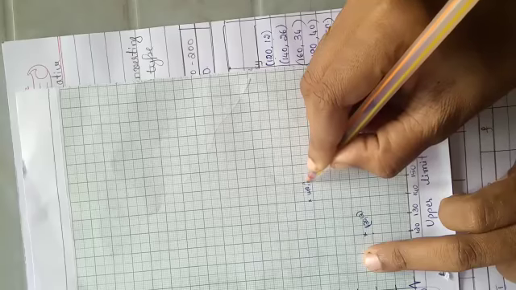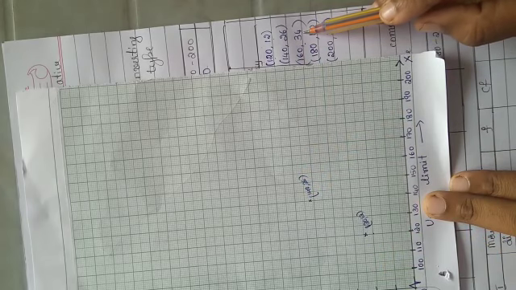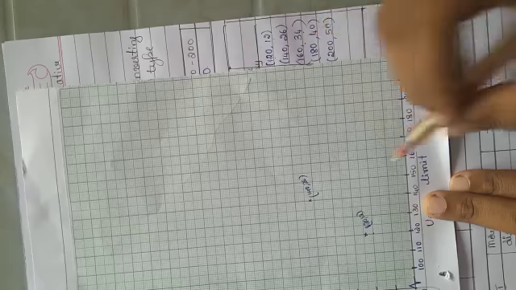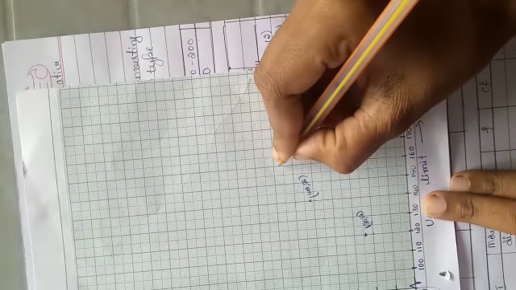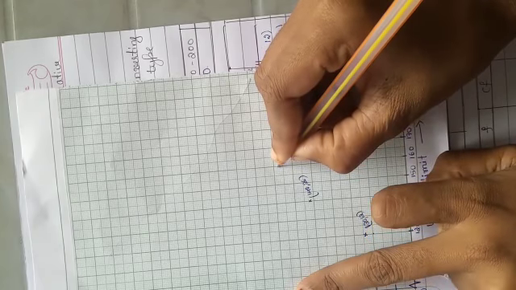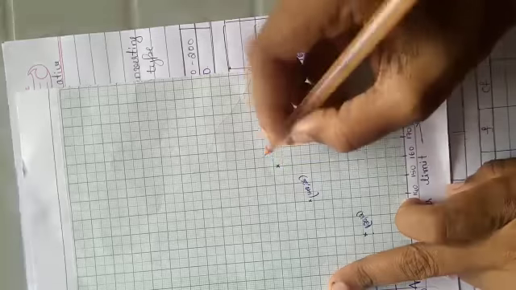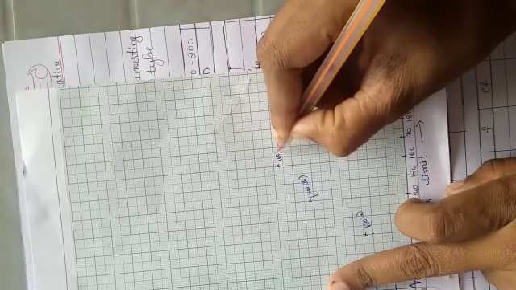Next 160, 34: here is 30, this is 35, 2 lines below 35.